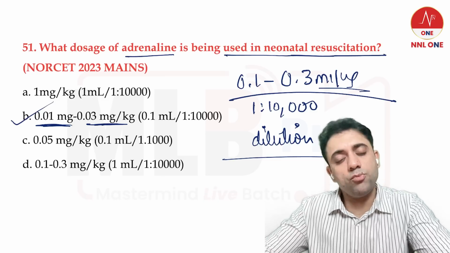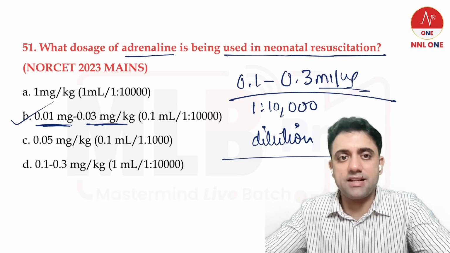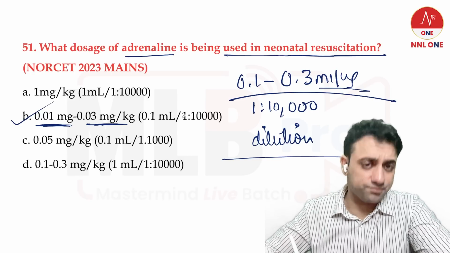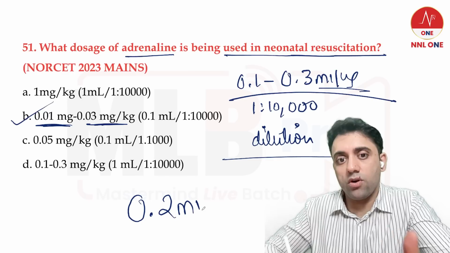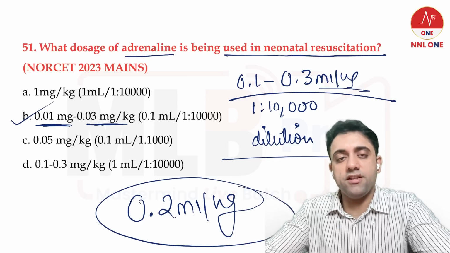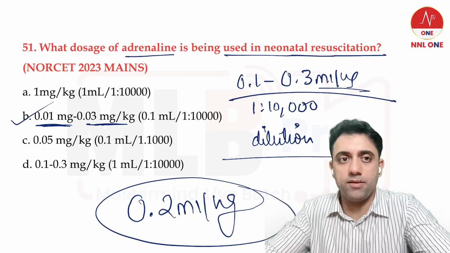So 0.01 to 0.03 mg per kg in 1:10,000 dilution, that is our best answer. And the very latest is 0.2 ml per kg. They have changed the dose from 0.1 to 0.3 to a single dose, that is 0.2 ml per kg.